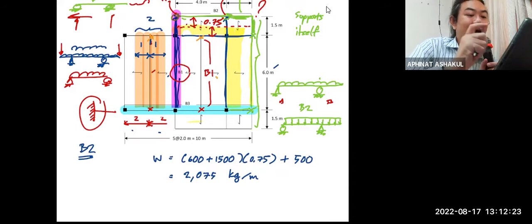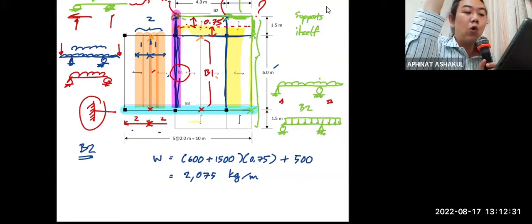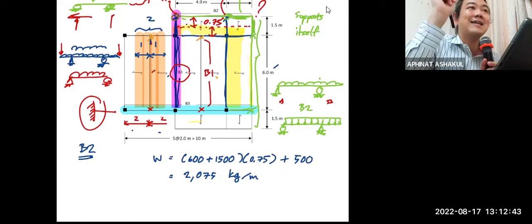Okay? And now, the very important thing. B3, you can see that it has 2 spans. So, in the real world, if it's a concrete beam, or if it's a beam in the part of the structure frame, steel structure frame, we don't analyze this as a simple beam.